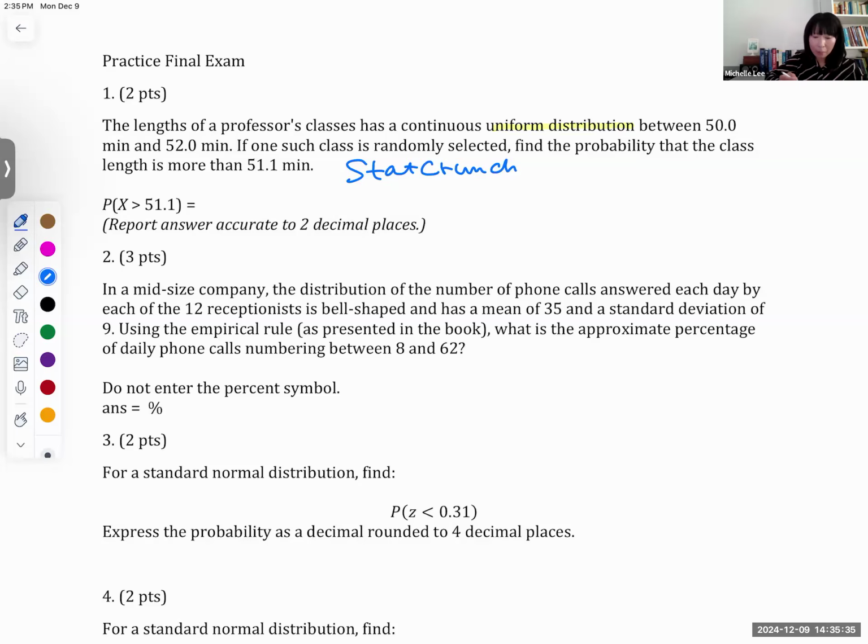We don't have to worry about that because they give us greater than 51.1, so we don't have to worry about this inequality. So we're going straight to StatCrunch uniform, and the minimum is 50 and the maximum is 52. Okay.